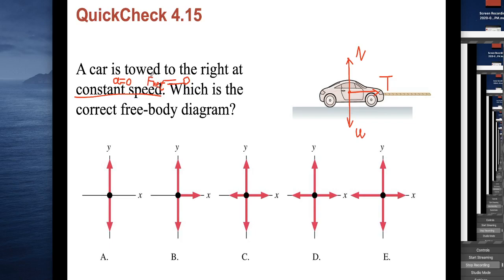If there's no net force, then there's no acceleration. If there's no acceleration, there's no net force. So the net force should be 0, which means the weight and the normal force should balance each other, and the tension force should balance another force, which is friction. So the answer is D.